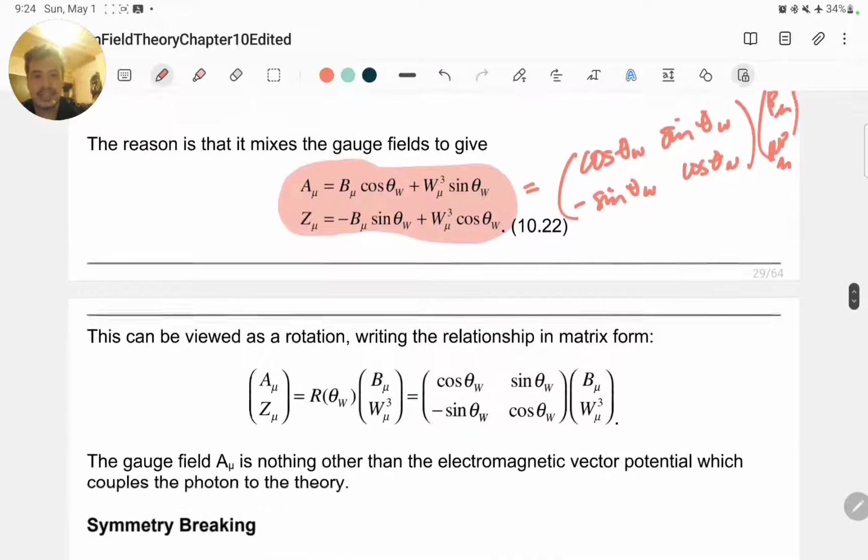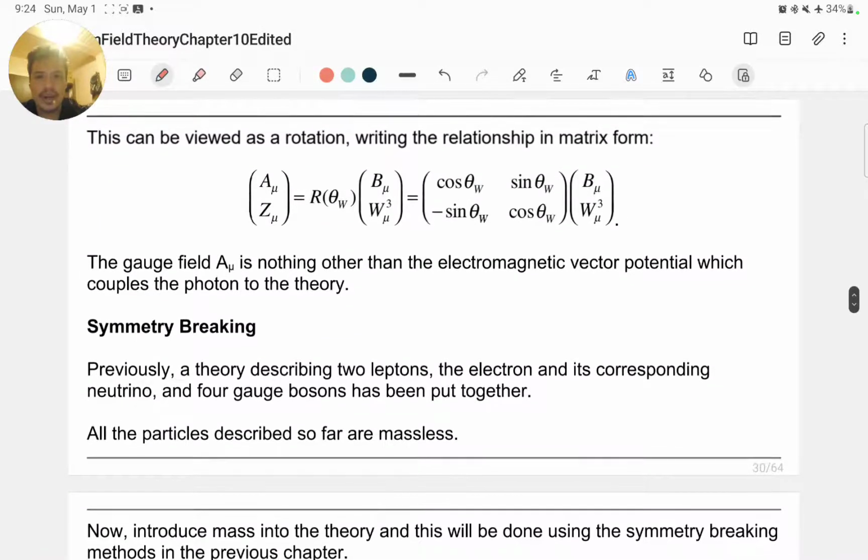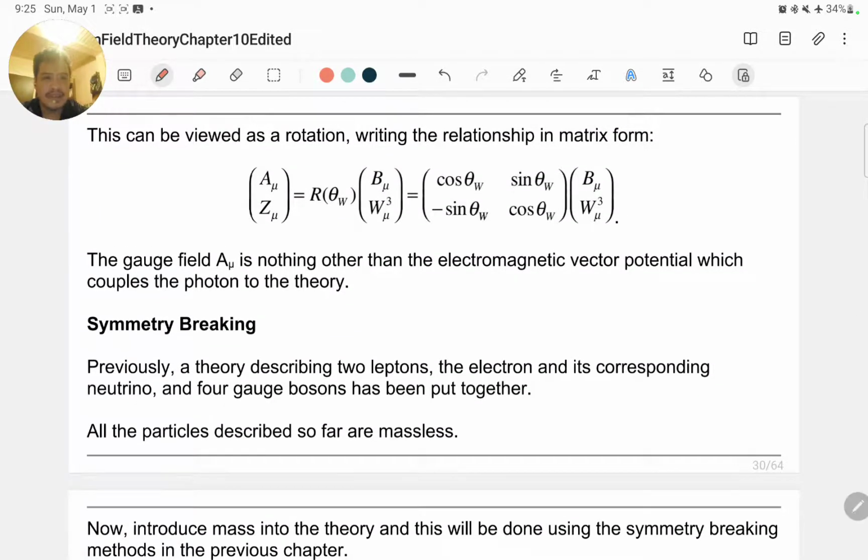So now it's written down here, where the matrix is just the rotation R of theta W. So the gauge field A mu is nothing other than the electromagnetic vector potential which couples the photon to the theory.